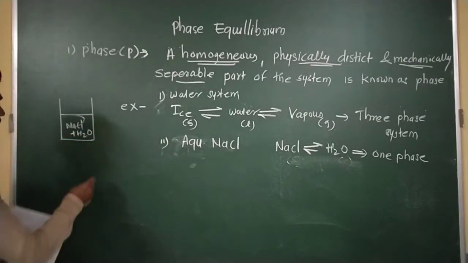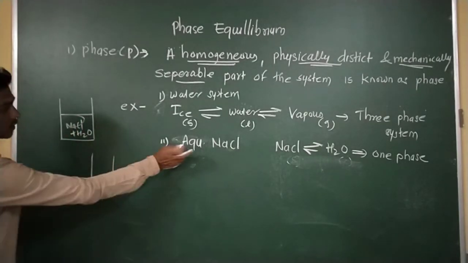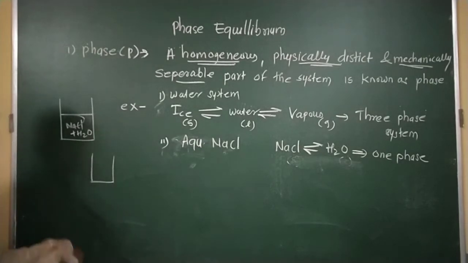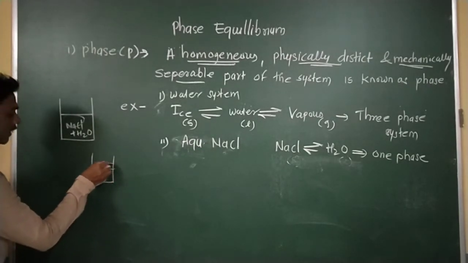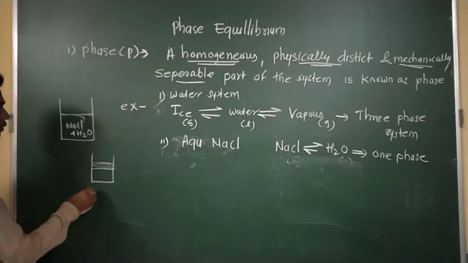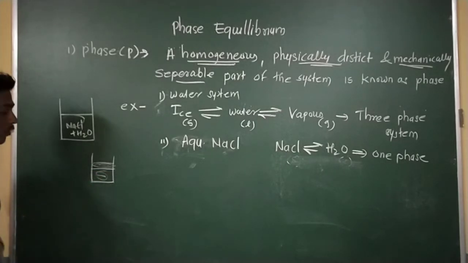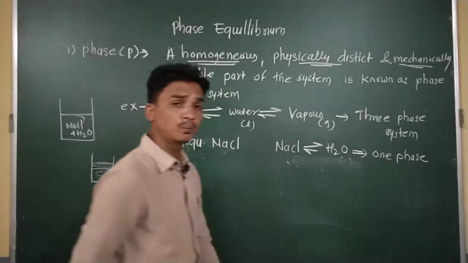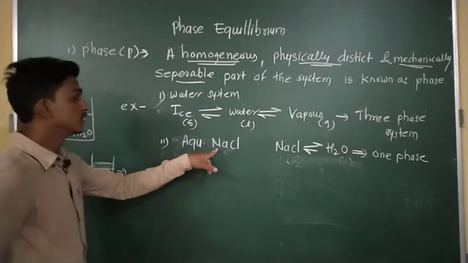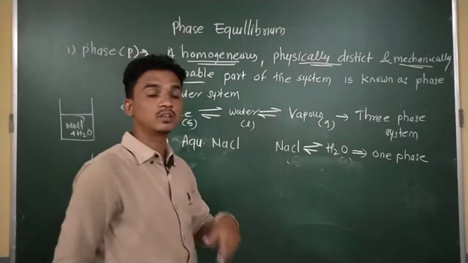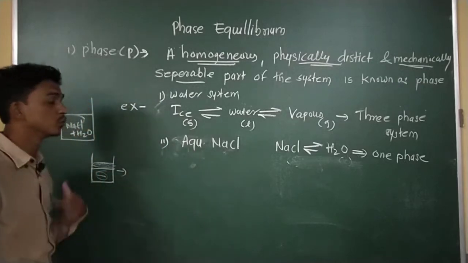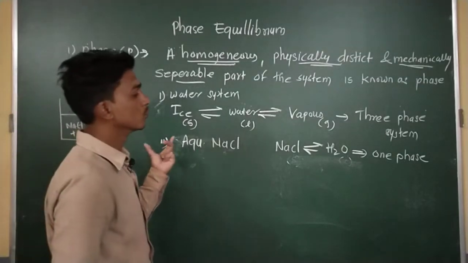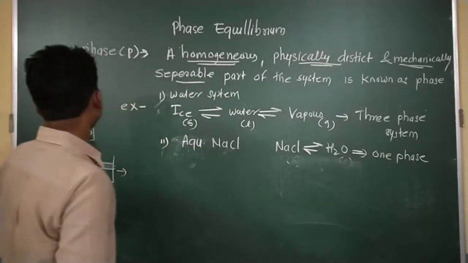If suppose NaCl, sodium chloride, is not dissolved in water molecules, and I can see these are the sodium chloride and these are the water molecules, then I can say this is a two-phase system. But this aqueous NaCl means the sodium chloride is completely soluble in water, so they form a homogeneous solution.